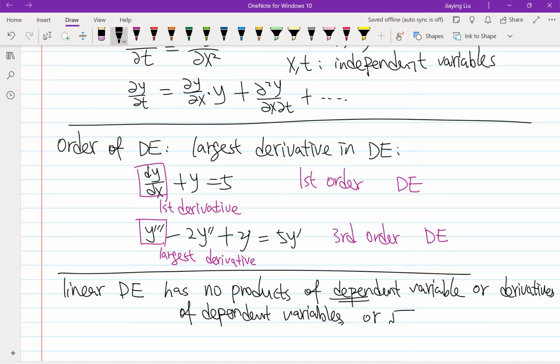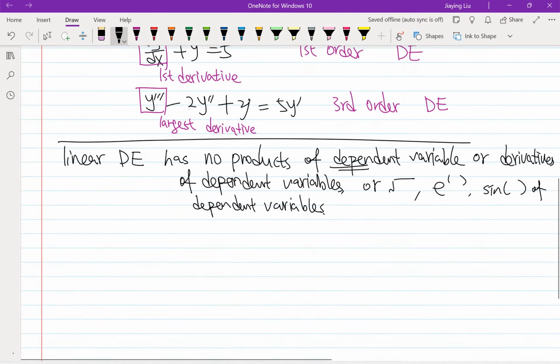Or square root, exponential, trig with dependent variables in them. I'll give you some examples in a minute.